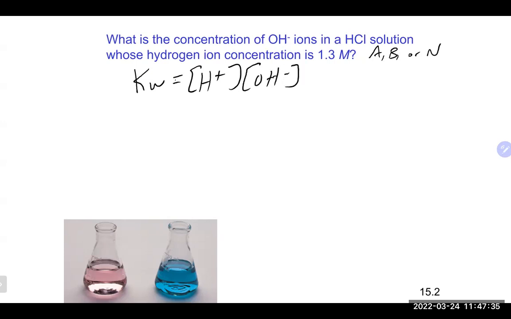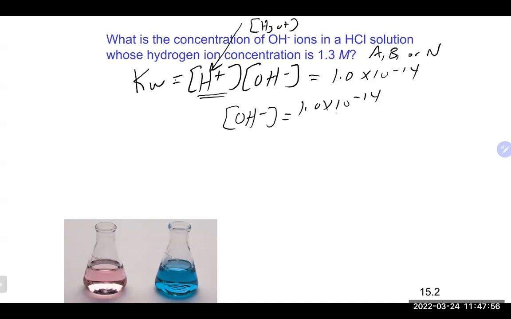As we've talked about before, you may see in books that people use H3O plus in place of H plus. Either one is the same, and it is equal to 1 times 10 to the minus 14. In this case, it gave us the hydrogen concentration, so we solve for OH minus by taking 1 times 10 to the minus 14 and dividing it by the H plus concentration, which in this case is 1.3.